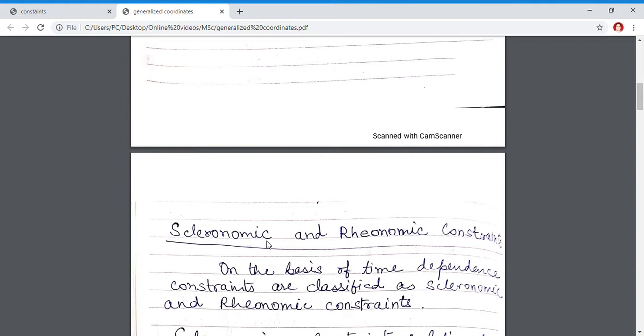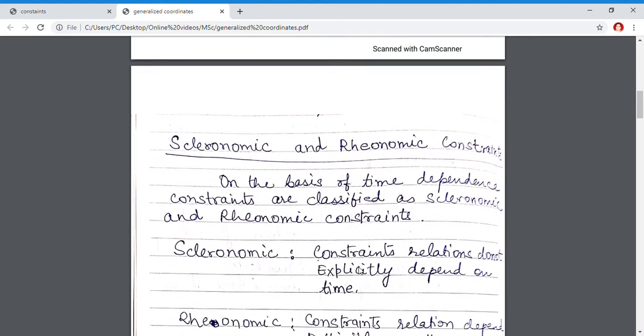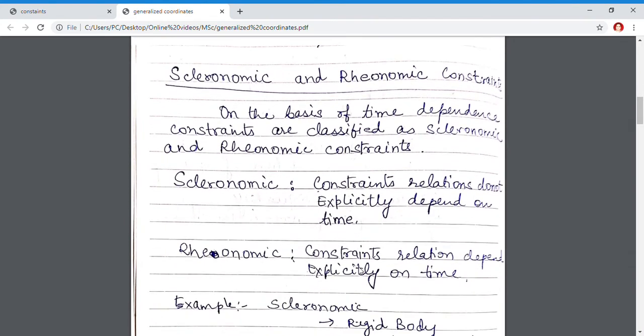And if constraints are independent of time, they are called rheonomic constraints. Hence, classification is of two types, on the basis of equation and on the basis of time dependence. Now, I am giving an example of both these constraints.